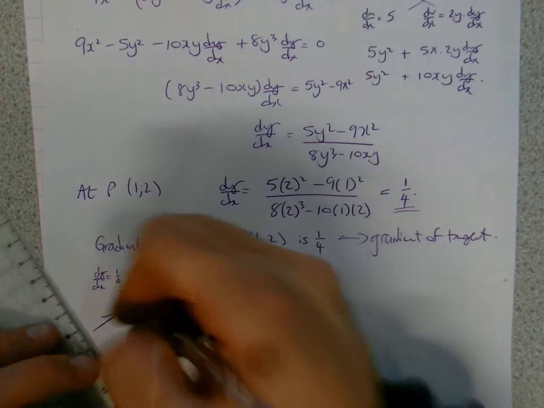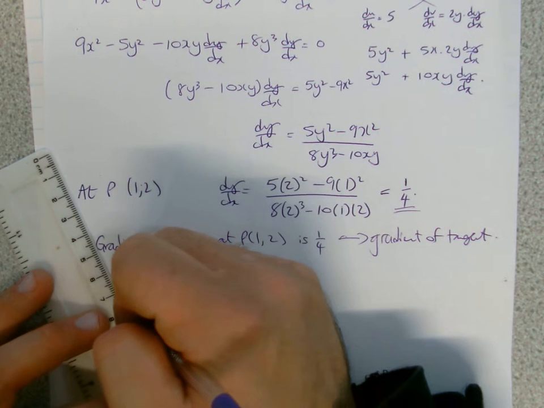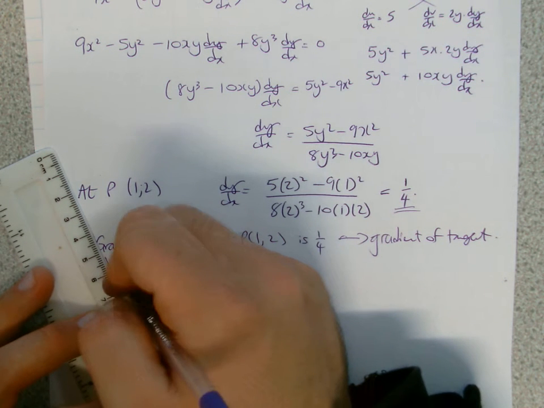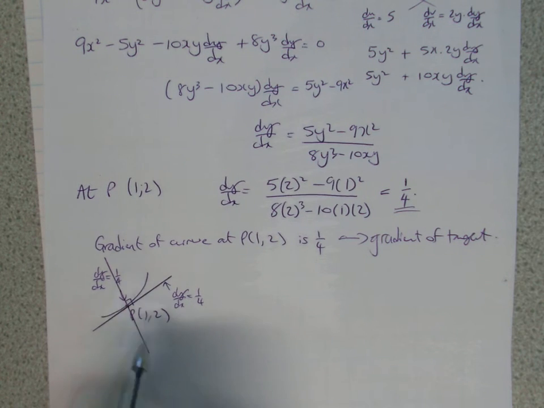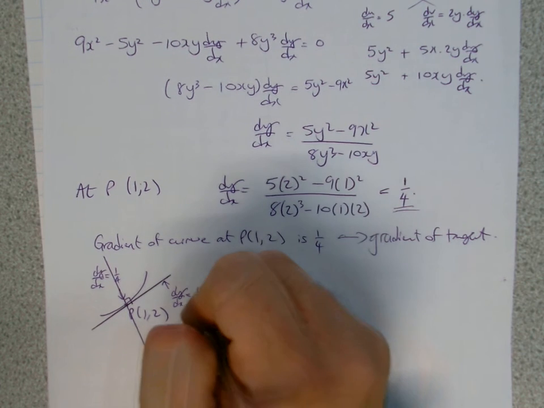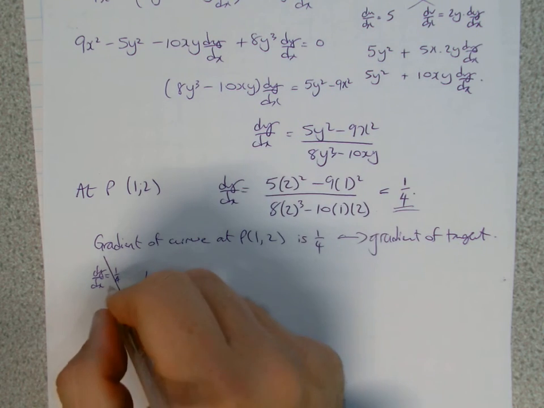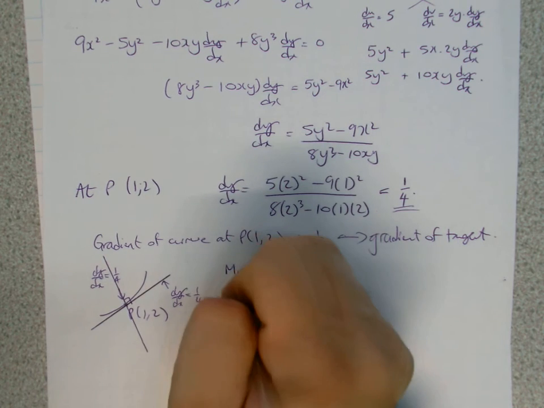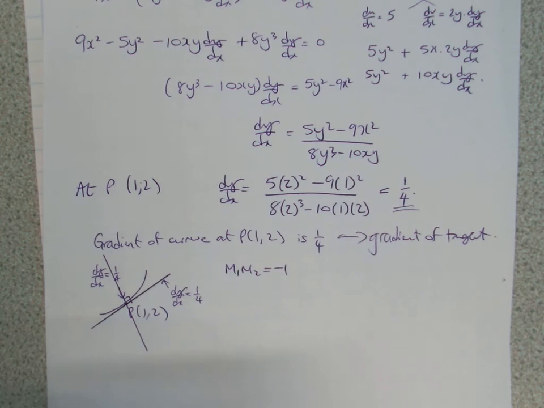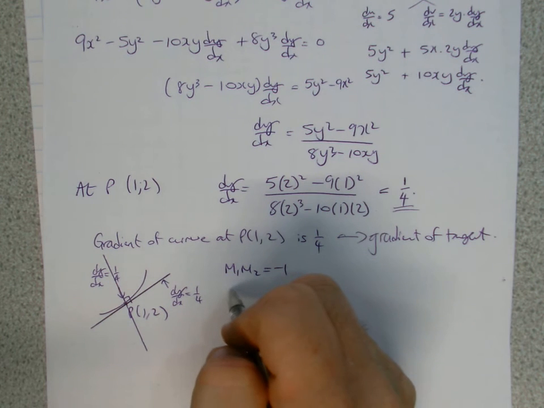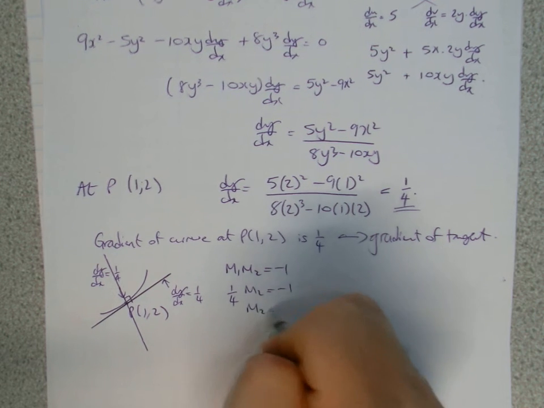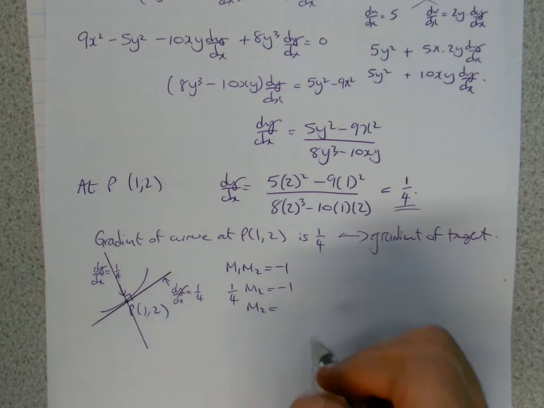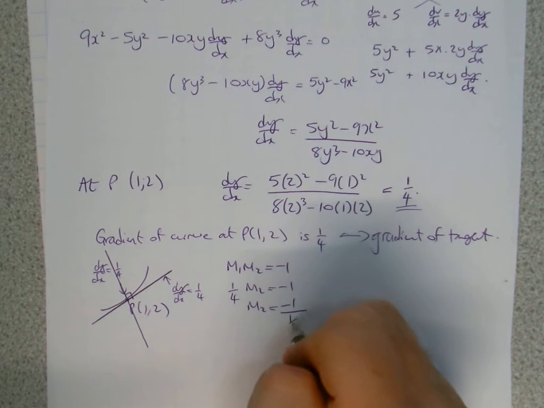Now the normal, if you remember, goes at right angles to the tangent. So we want the equation of the normal, which is at right angles to this tangent. If we know the tangent has gradient 1/4, we can get the gradient of the normal using the formula we remember from C1. So we've got 1/4 for the tangent, and the gradient of the normal is -1 divided by that 1/4.